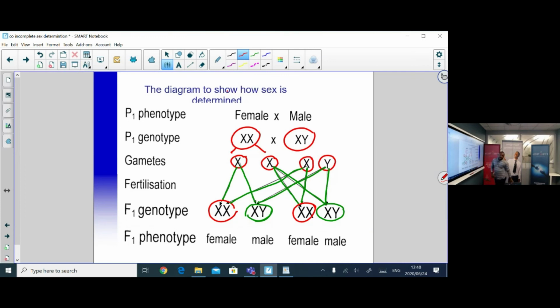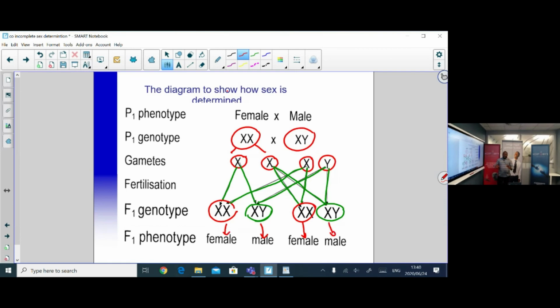If you remember what I said just some minutes ago, these are possibilities, the chances of getting either a female or a male. So under normal circumstances, this is female, this is male, this is female, this is male.